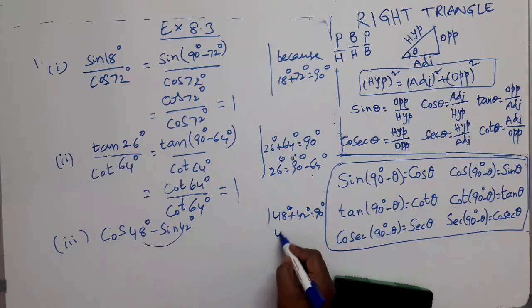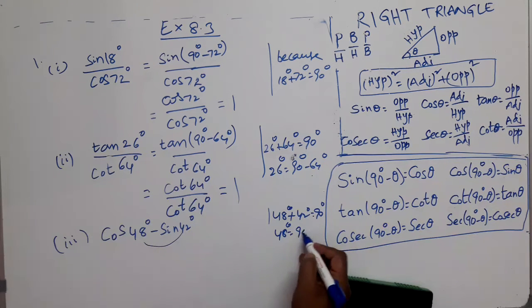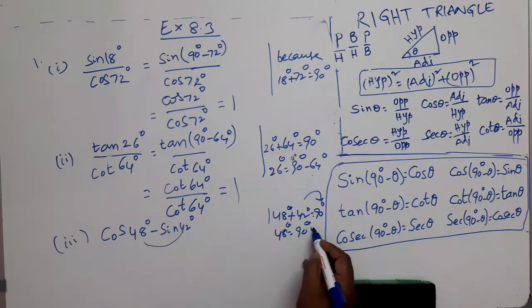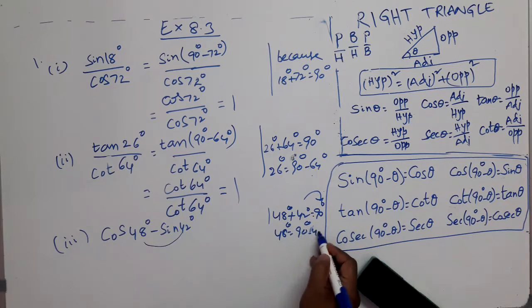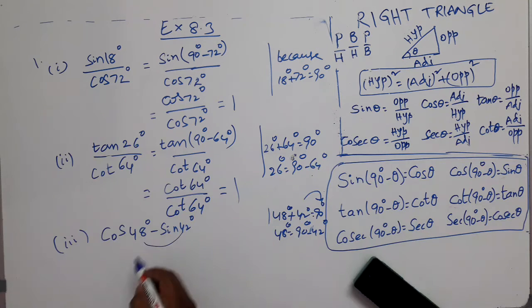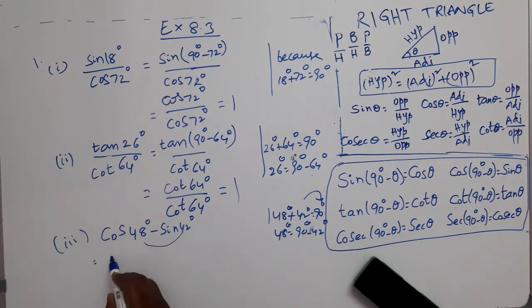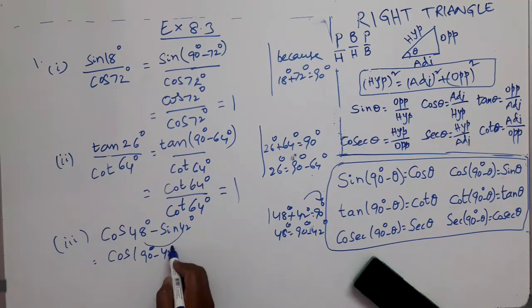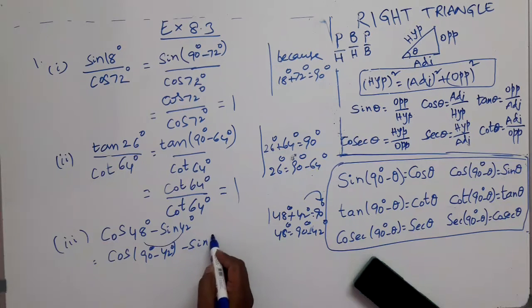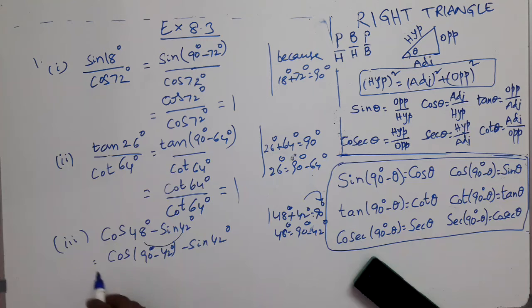So I will replace 48 degrees by 90 degrees minus 42 degrees, because if I can write like this, I can use this formula. I am leaving the second term as it is. I am writing the first term as cos of 90 degrees minus 42 degrees. Now tell me, this is of the form cos 90 degrees minus theta.